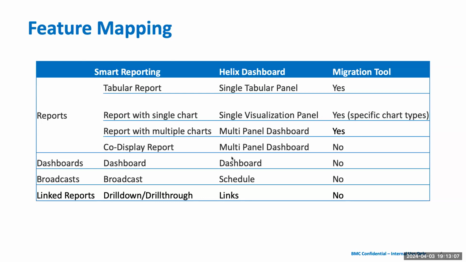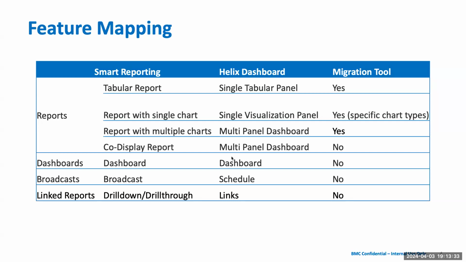We are talking about the ones that matter most for the migration time and effort, right? So in terms of impact to time and effort, these are the four objects: reports, dashboards, broadcasts, and linked reports, which will have the biggest impact.